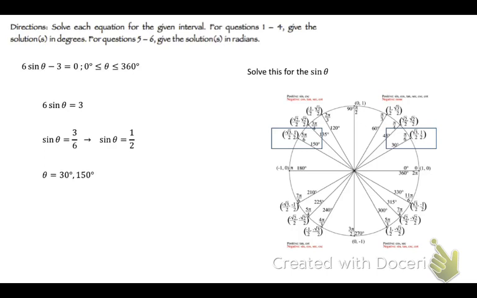Okay, let's do this next one. So you have 4 cosine of theta plus 5. Wait, why did I write that weird? This isn't supposed to be equal to 0, so just ignore that equals 0.